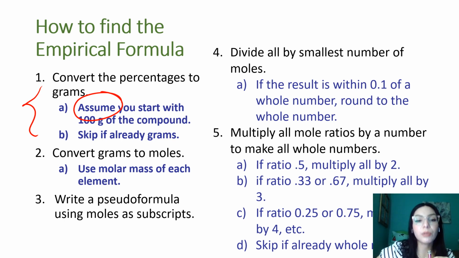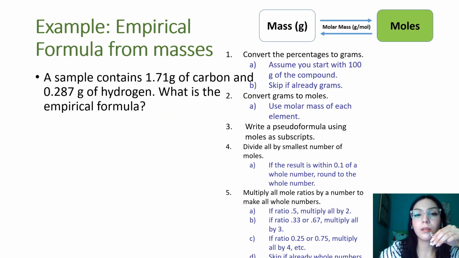From there, you go to moles. Then you write something called a pseudo formula, and then you divide by the smallest number of moles. If you have numbers that are not whole numbers, you have to multiply by certain numbers such as 2, 3, and 4.